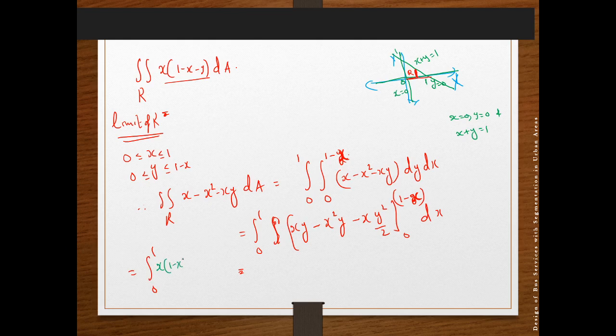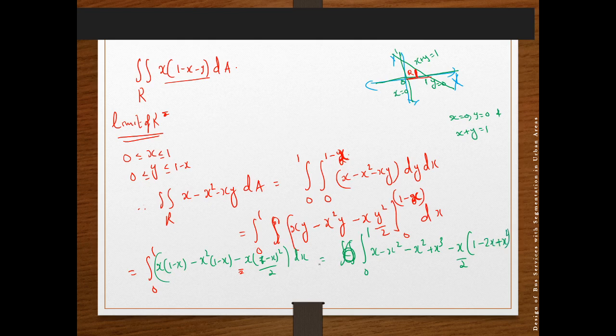So this is equal to the integral from 0 to 1 of x into (1 minus x) minus x square into (1 minus x) minus x into (1 minus x) all square by 2. So this is x minus x square minus x square plus x cube, minus x by 2 into (1 minus 2x plus x square).